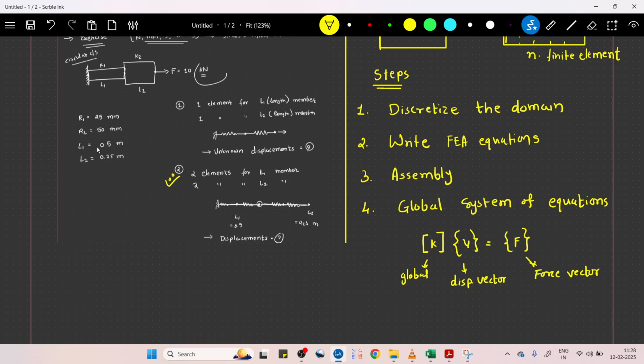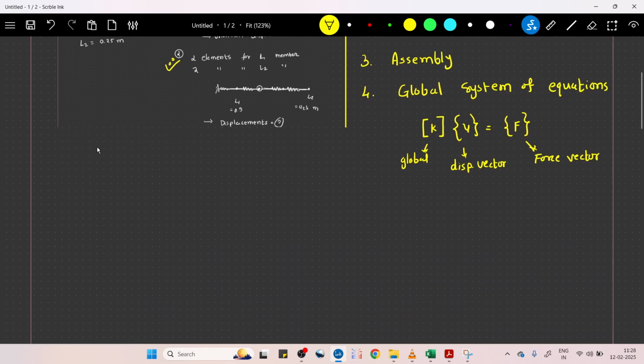We have the radius of the shaft R1 and R2, and lengths are given. Let's rewrite this. This is the L1 length and this is the L2 length.